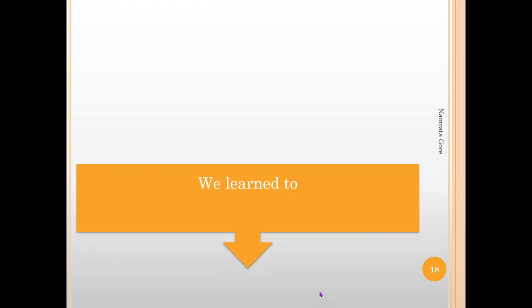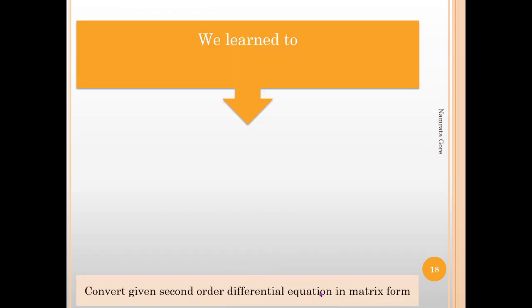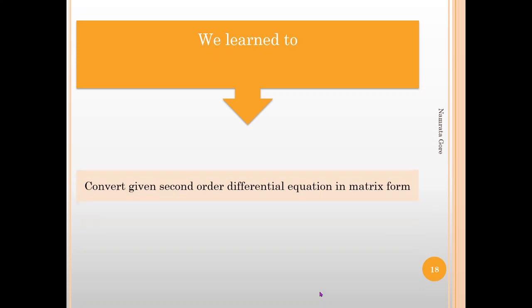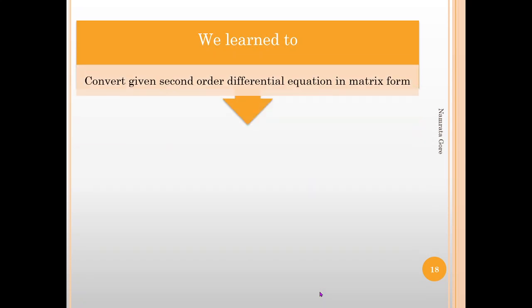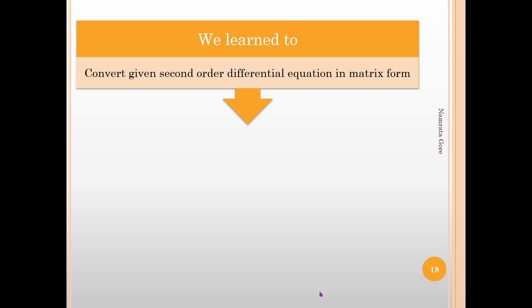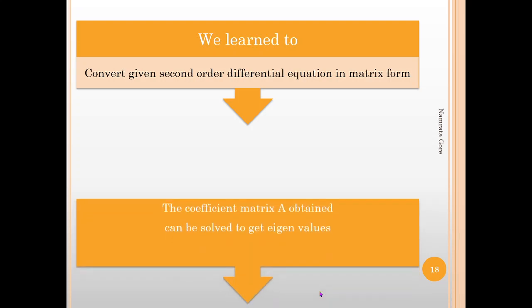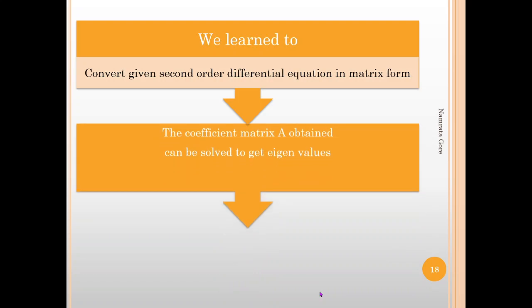So in this particular video, we learned to convert the given differential equation into matrix form by substituting y equal to y1 and dy by dx equal to y2. Then we obtain the coefficient matrix A, which can be solved to get eigenvalues.